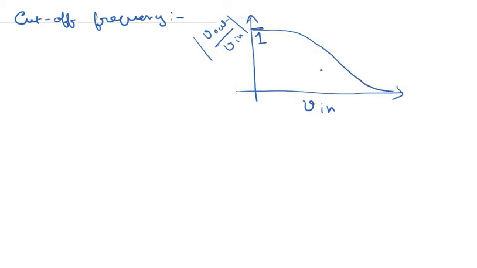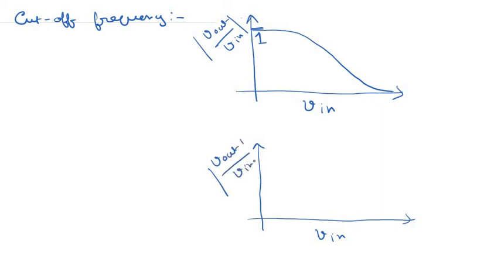Okay. Similarly, we have not shown yet, but the characteristics of a high pass filter somewhat look like this. So V out divided by V in. So for a high pass filter, just as we discussed, when the input frequency, it's not the voltage but the frequency actually, because we are plotting versus frequency.